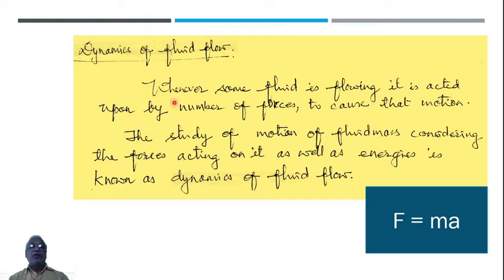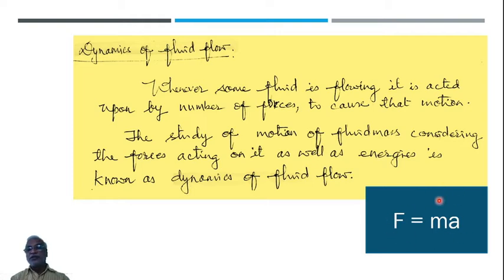Whenever some fluid is flowing, it is acted upon by a number of forces, obviously, to cause that motion. Now, study of motion of fluid mass, considering the forces acting on it as well as energies, the forces as well as energies involved in the flow, is known as dynamics of fluids.